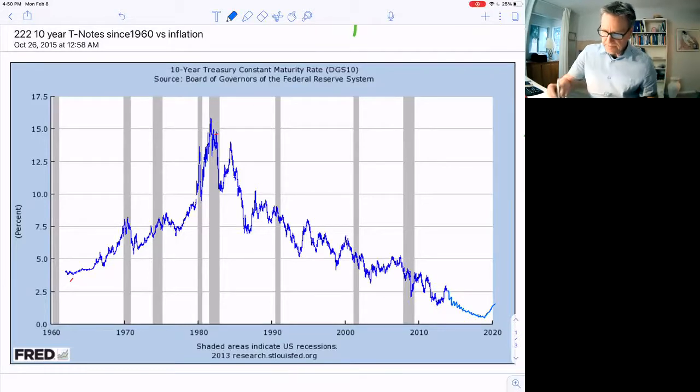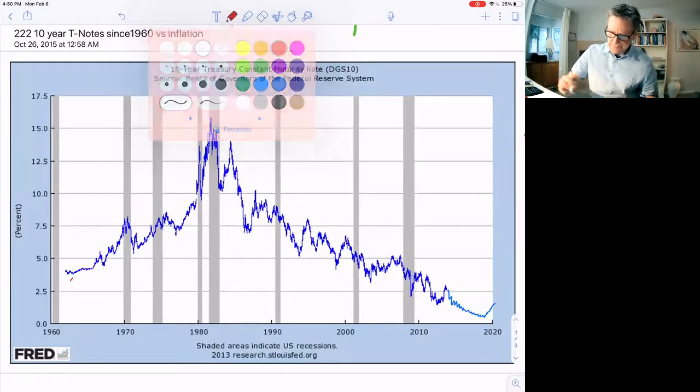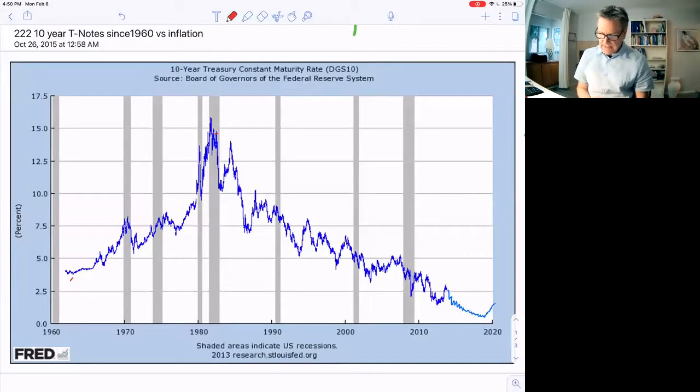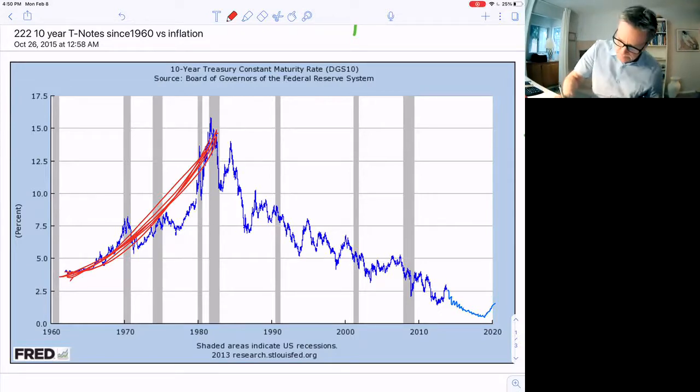Now notice these big trends. Look what was going on between 1960 and 1980, for 20 years. Essentially, this upward trend in the 10-year interest rates. And then in 1982 or so, there's been this downward trend of the 10-year interest rates.